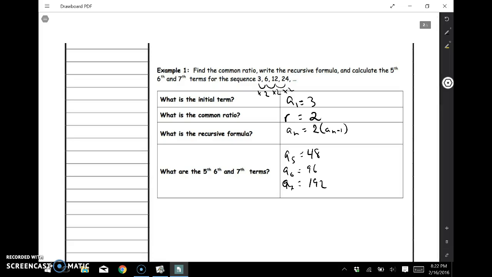So again, r is equal to 2, which is the same thing as saying constant multiplier instead of common ratio. Okay? Moving on.